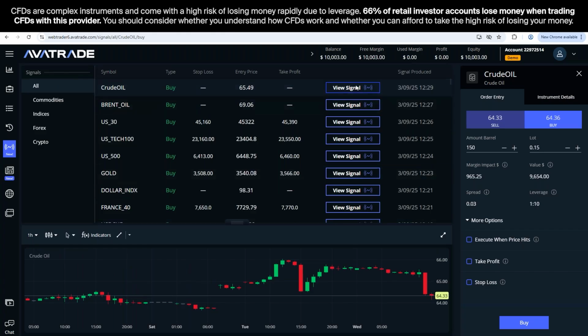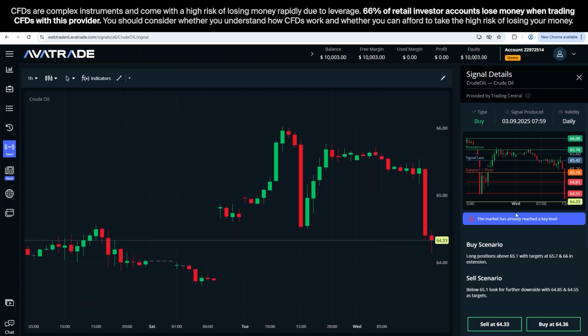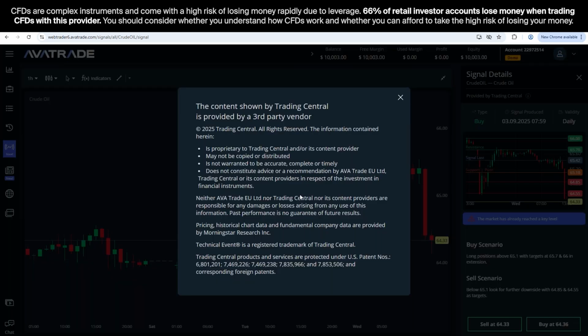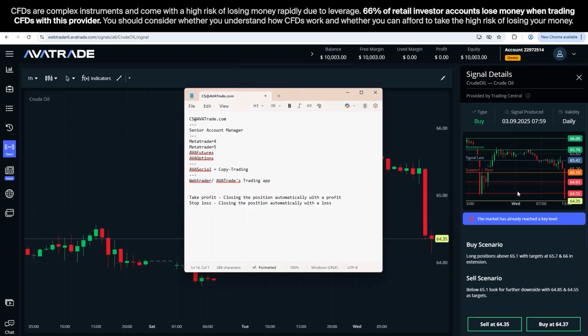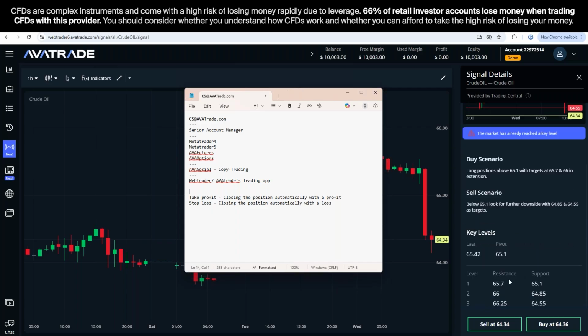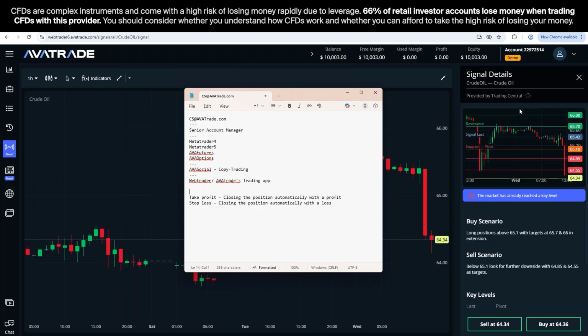One more thing I would like to say about the signals in general is that the signals are not manufactured by AviTrade. They're manufactured by a third-party company, Trading Central. Okay, now, everything that we saw in here is still under the umbrella of technical analysis: the resistance, support, and pivot, and numbers, all of that is under the same umbrella.